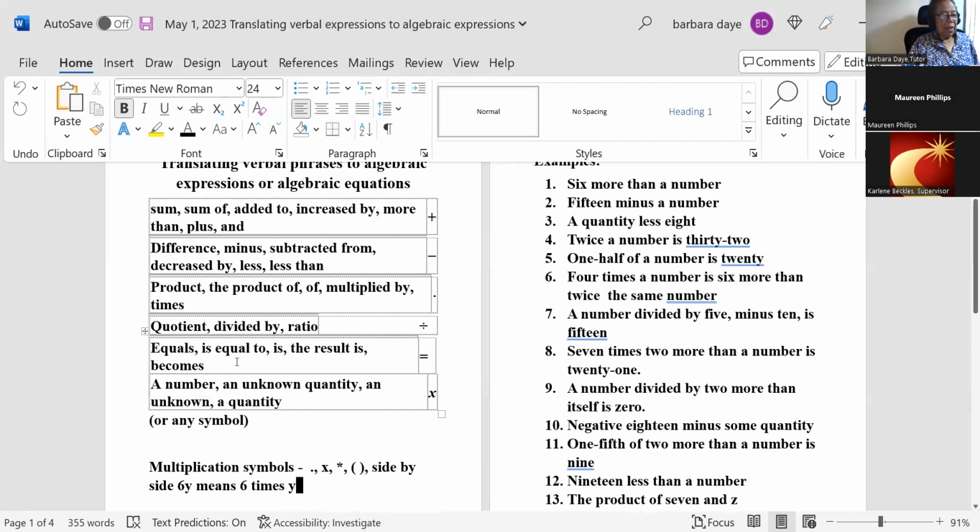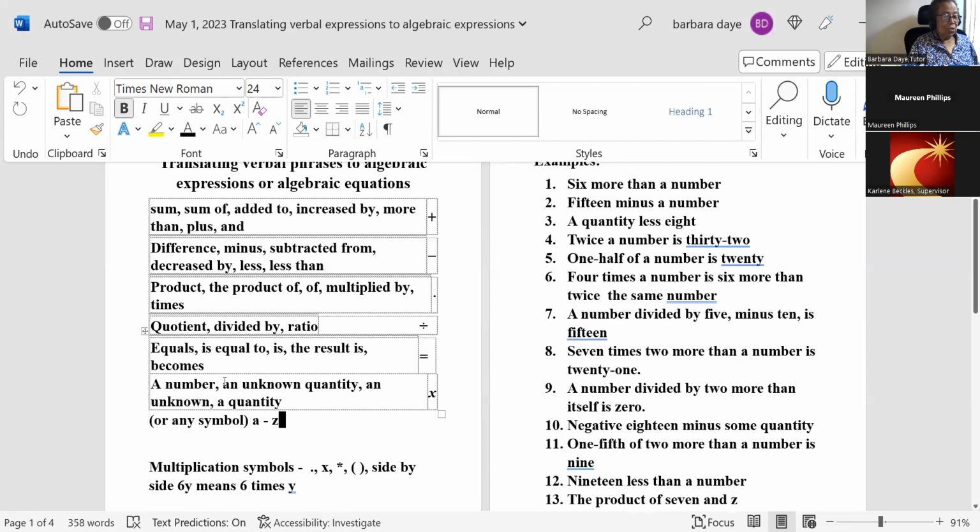Right? Now when we say a number, remember I put an X here, but it can be any symbol. You remember this is A to Z, the symbols A to Z. When you see a number, that means one of these symbols. Sometimes they'll give you the symbol, other times they let you select it.